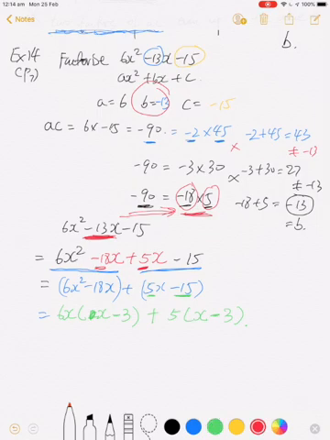Now you see both of them have the common factor x minus 3. If we continue, we take the common factor x minus 3 out, and we have left 6x plus 5. So this is our final answer after you factorise the quadratic 6x squared minus 13x minus 15.